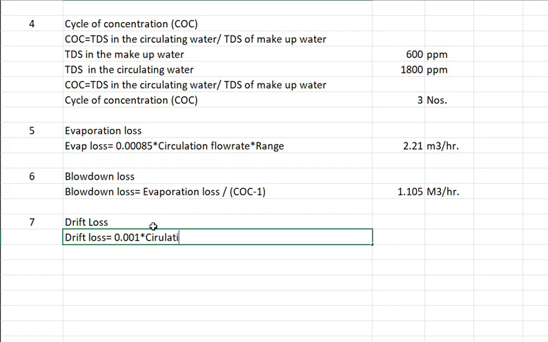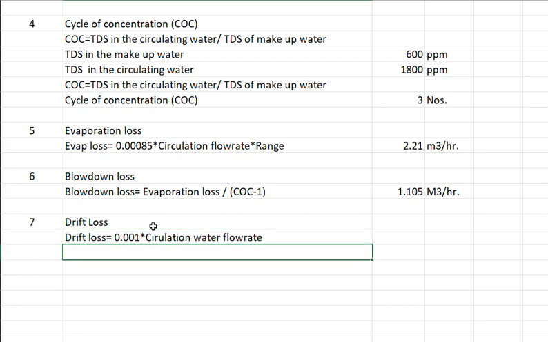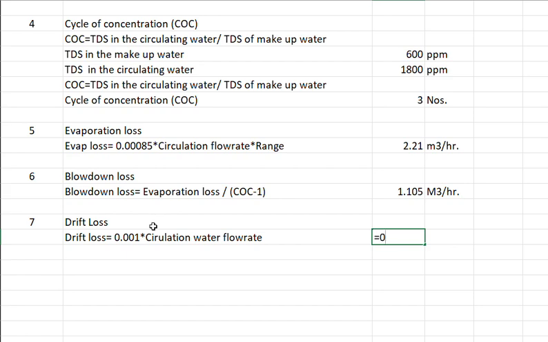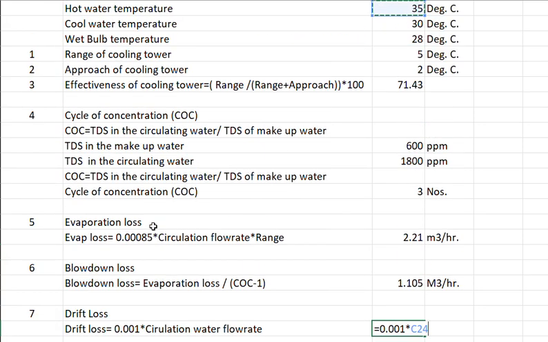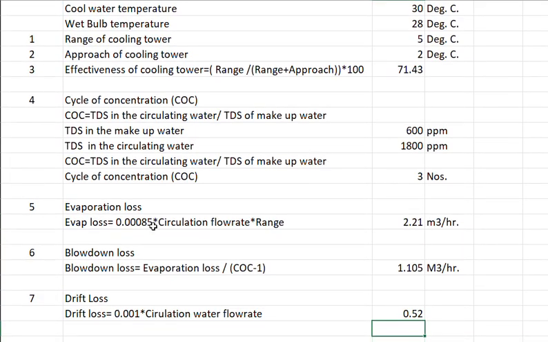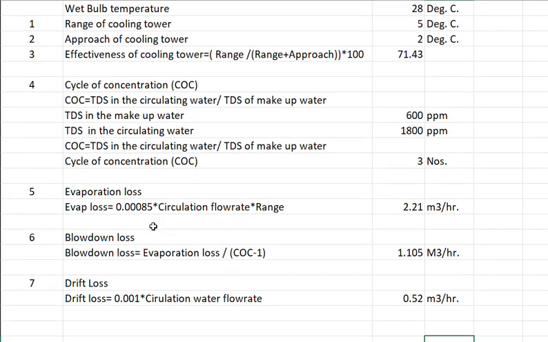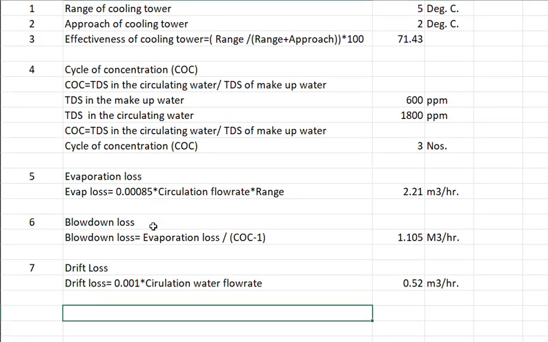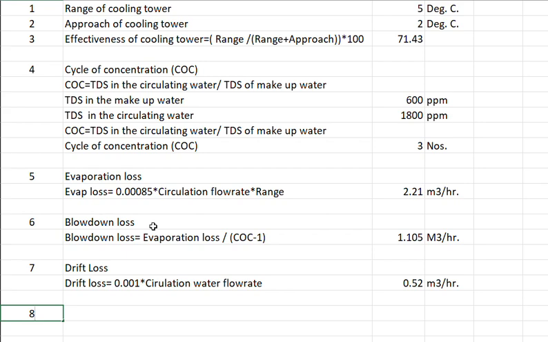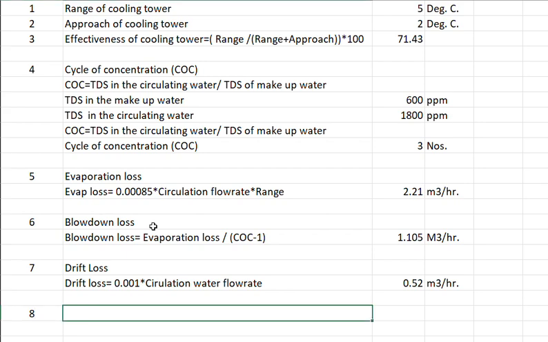Here it is 0.001 into the circulation flow rate which we have assumed, 520 meter cube. That is the drift losses. Till now we have calculated the evaporation loss, blowdown loss, and the drift losses.